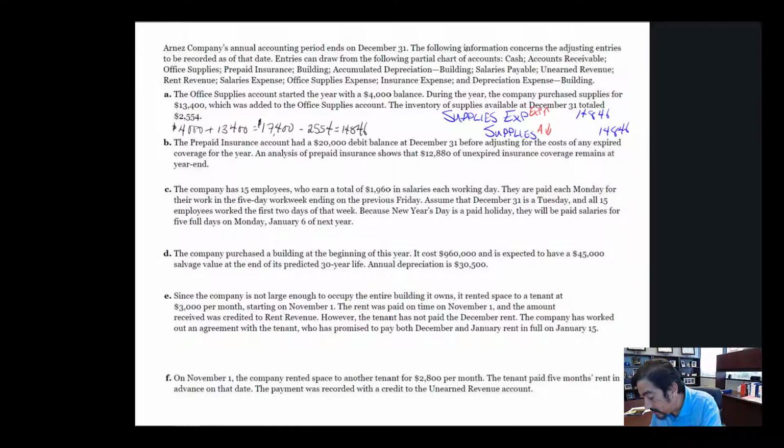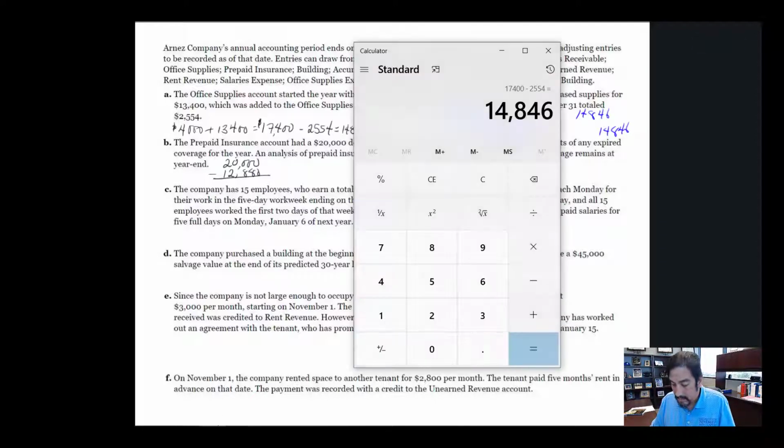So we started with $20,000. And at the end of the year, we still have $12,880 of prepaid insurance. So we need to find the difference so we can see what we've used up, what has expired. 20,000 minus 12,880 is 7,120.